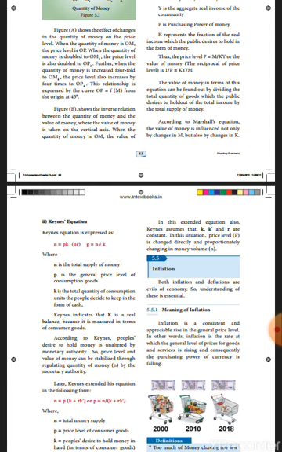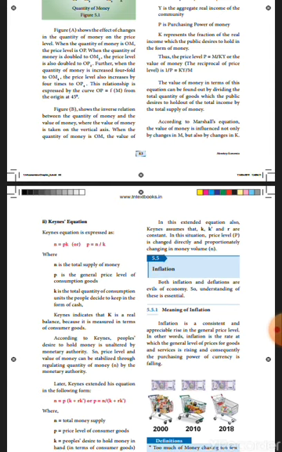According to Keynes, what will people do? They will decide to hold money that is not changed by the monetary authority. So, the price level and value of money can be stabilized through the quantity of money, that is N, by the monetary authority.